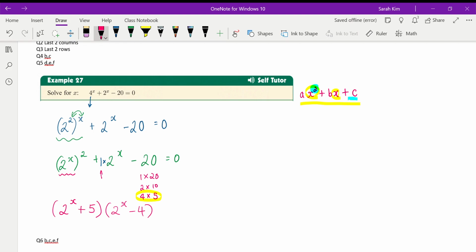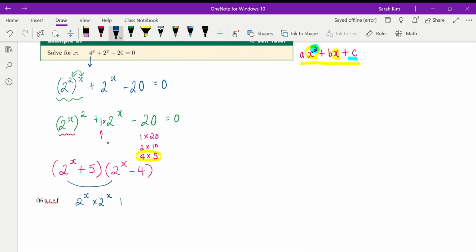I'm going to expand this to show you that we get the same answer. Okay, so if I expand it, I get 2 to the power of 2x. So if you don't know what that means, it's 2 to the power of x times 2 to the power of x. Next one, negative 4 times 2 to the power of x, plus 5 times 2 to the power of x, and then minus 20.